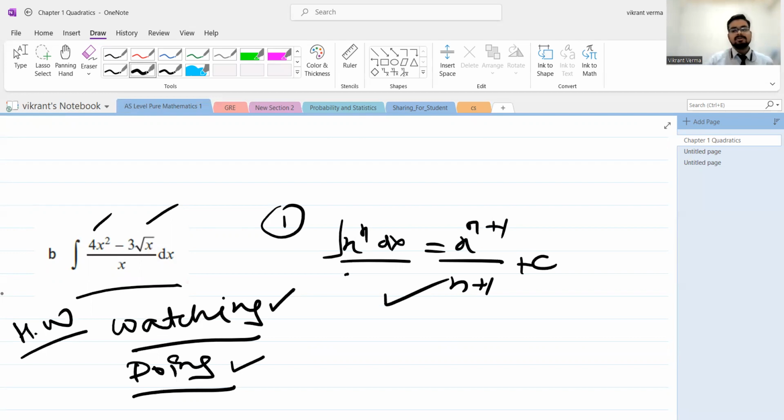I hope that you understood all this concept pretty well, and just try to see what the value of this integral is. For your convenience, let me give you the answer, so that you can cross check yourself whether you have done it correctly or not.